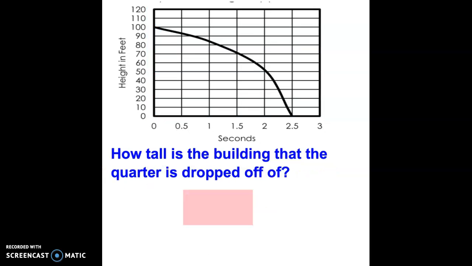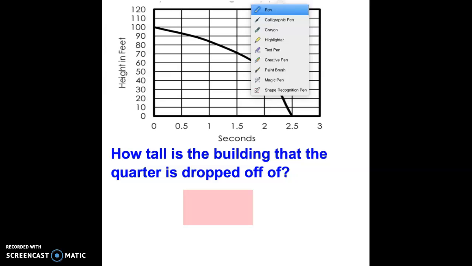All right, next question. How tall is the building that the quarter is dropped off of? So you want to think about this. Before you drop it, when this problem is starting, what is the time? How much time has passed when you're just about to start something? And the answer there is 0 seconds. So you want to ask yourself, at what height is the quarter after 0 seconds?